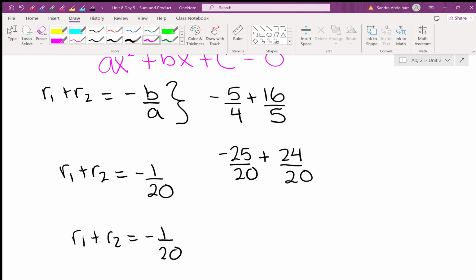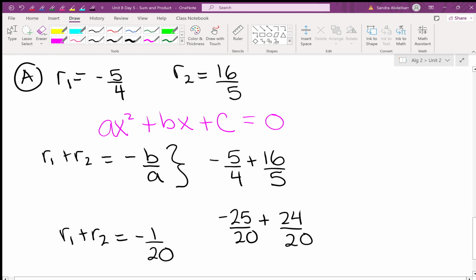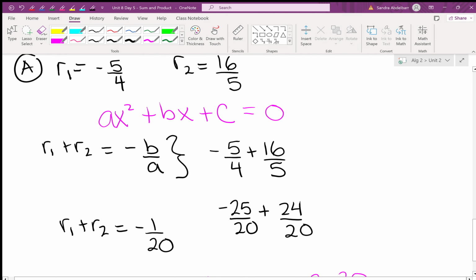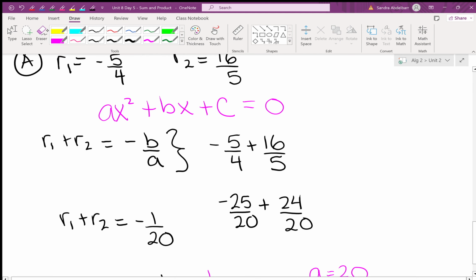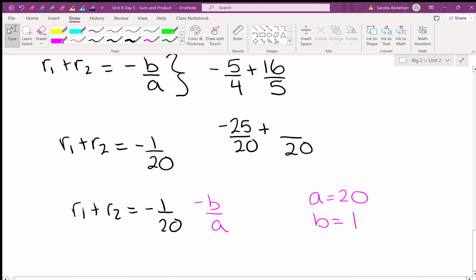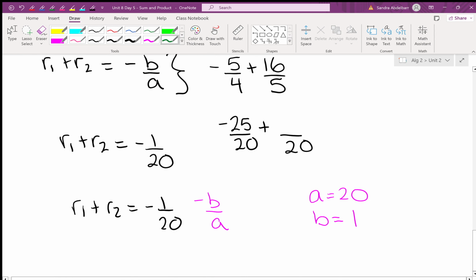And shouldn't this represent negative b over a? Okay, so right now I know my a is 20 and my b is positive what? Oh, I did 6 by 4, not 16 by 4. Sorry. Let's fix that. So then this is 64, which changes everything.